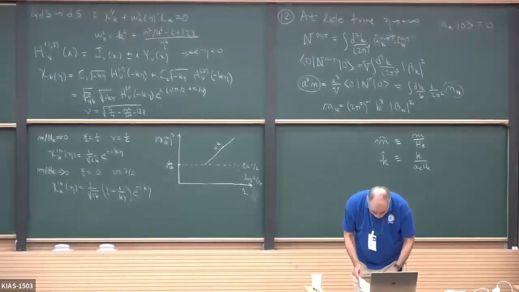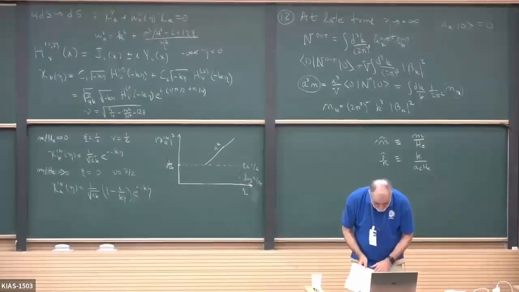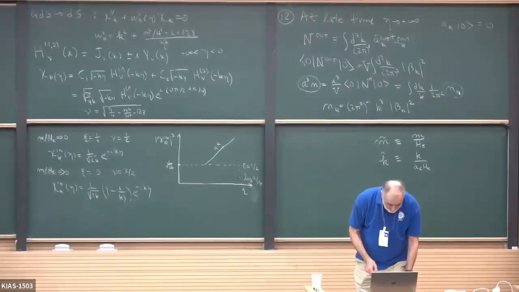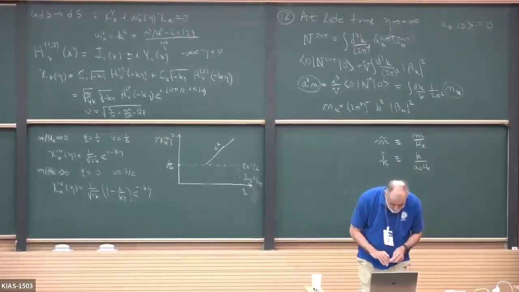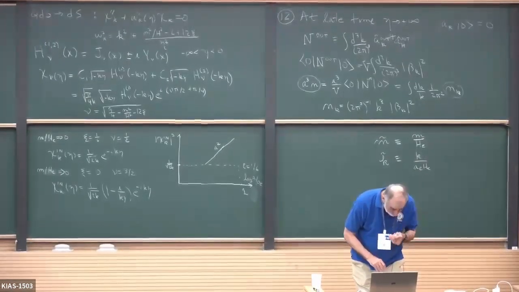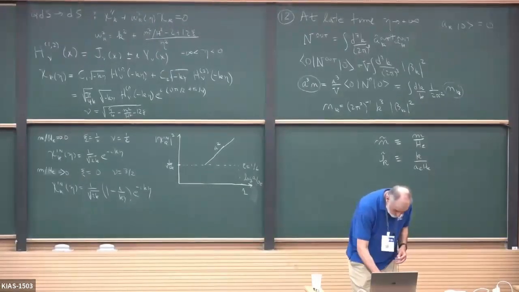So in the low mass case, I won't talk about the high mass case. In the low mass case, it's pretty simple to know what chi sub k is in the quasi-de Sitter phase, which we're approximating as de Sitter.